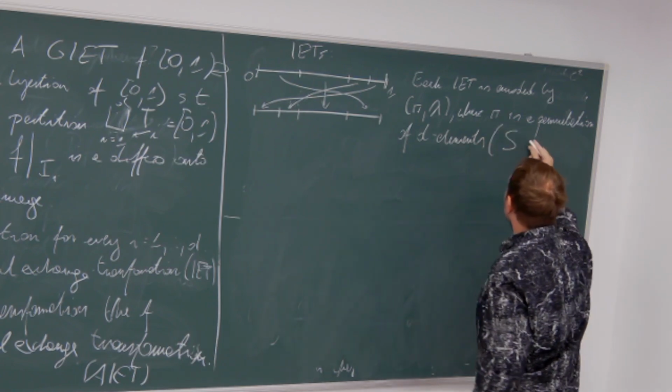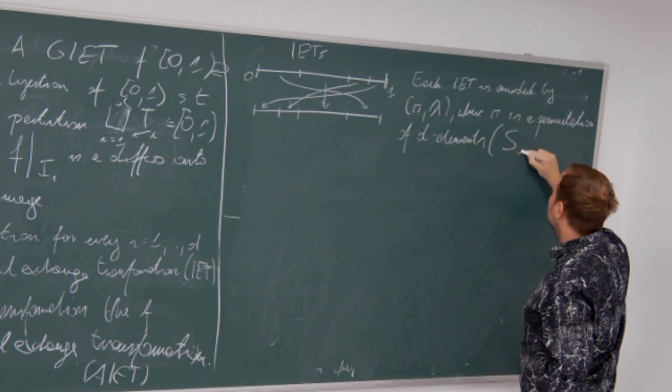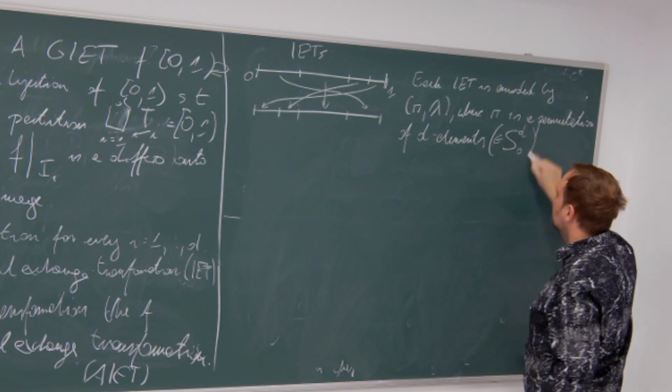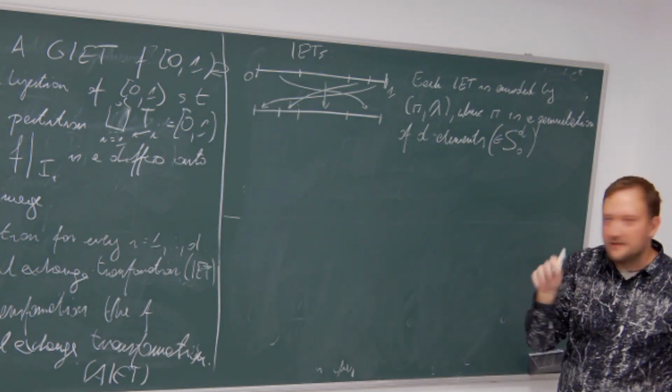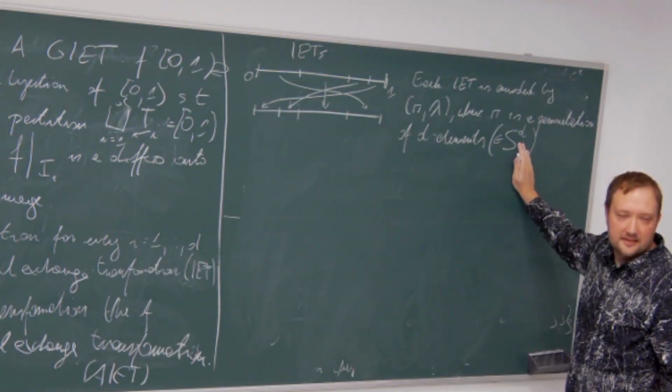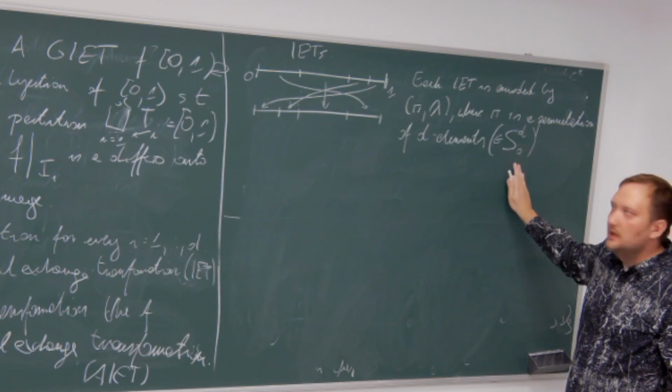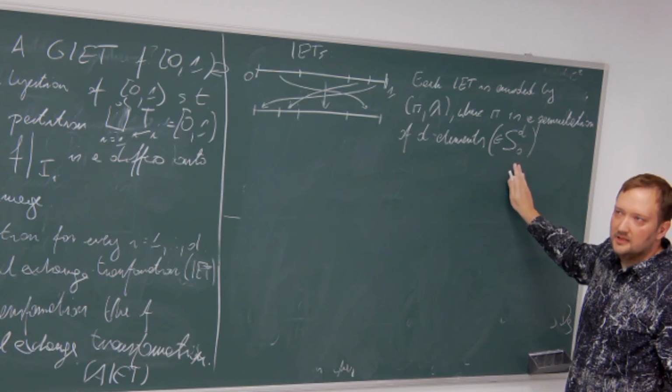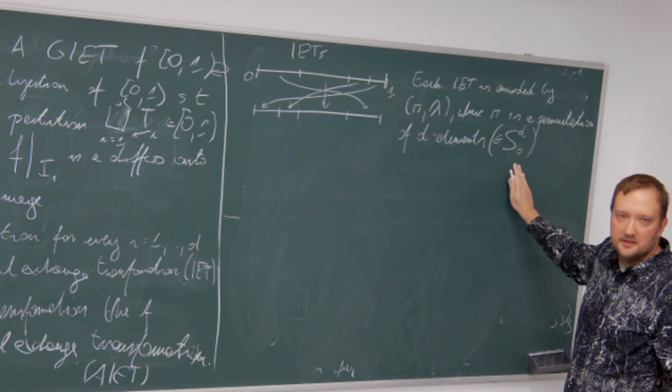I will denote the permutations of the elements by S0D. So actually just the elements is SD. Why do I need 0? Well, because I want to exclude a very nasty situation.